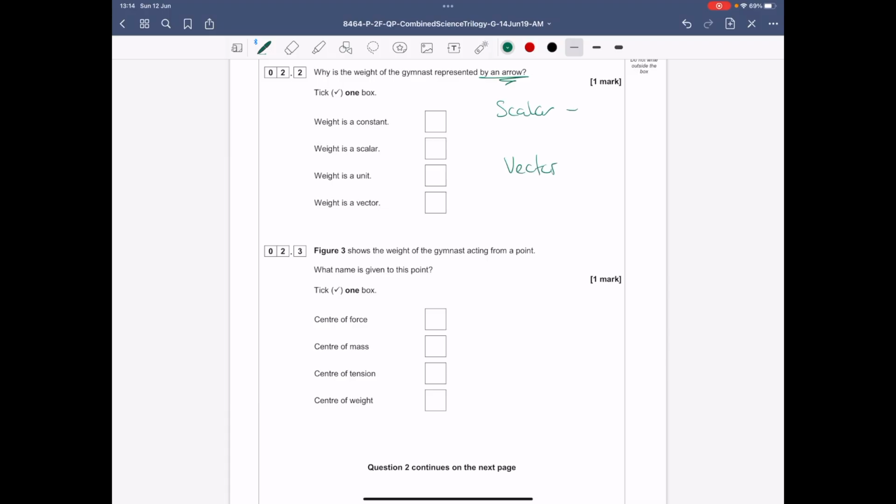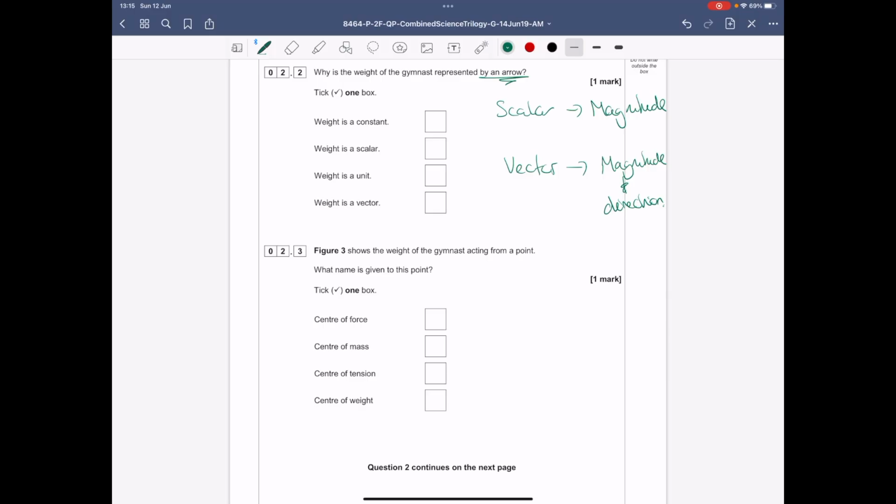A scalar is a quantity that just has magnitude or an amount or a value, like speed or time or mass. Whereas a vector is a quantity that has a size, like a magnitude, and a direction attached to it. Okay, so forces are vectors, okay, because they work in a certain direction.